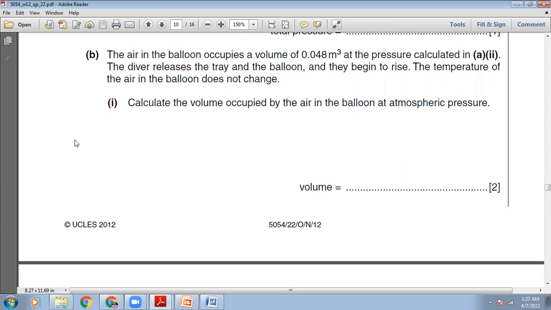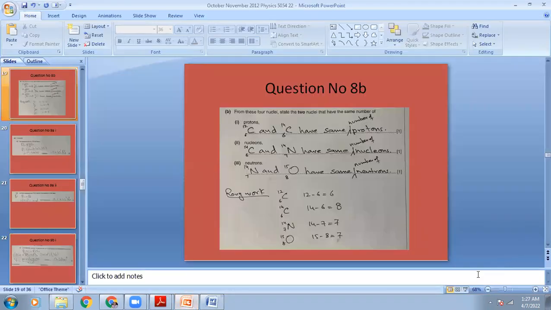So P1 is 2.5 times 10 to the power 5 Pascal, and the volume V1 is 0.048 meter cube. When the balloon is under only the atmospheric pressure, P2 will be 1 times 10 to the power 5 Pascal. What will be the volume of the balloon at that moment? So V2 is the question.